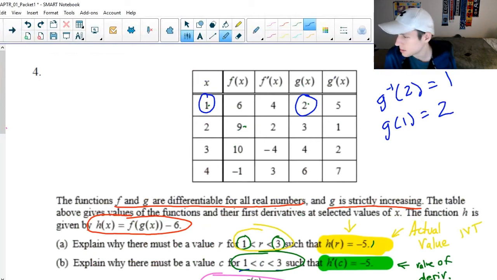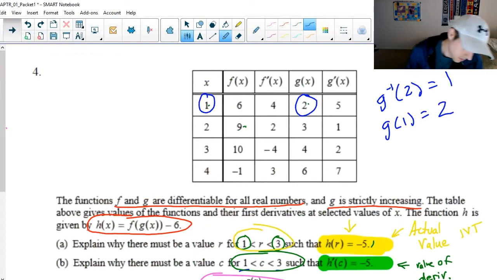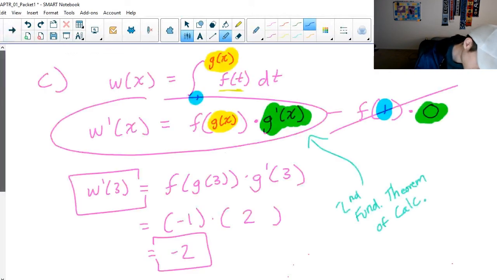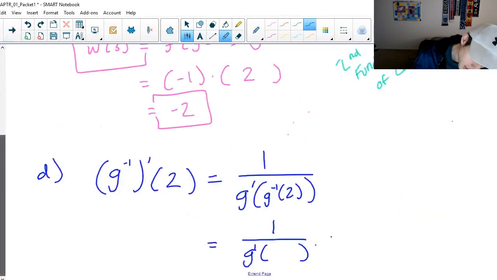And you might remember we've talked about before and talked about last year, with inverses, how are the points of inverses related? Well, the order's just switched. So we can see that here as well. Instead of 1, 2, it's 2, 1. So g inverse of 2 is 1.